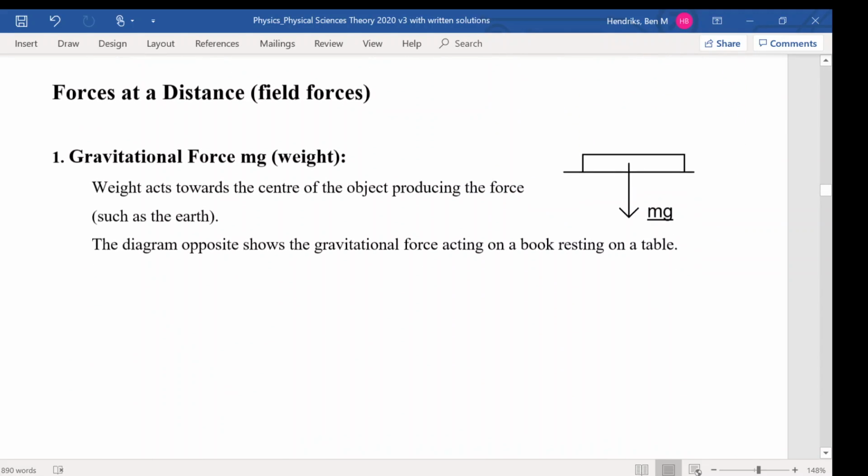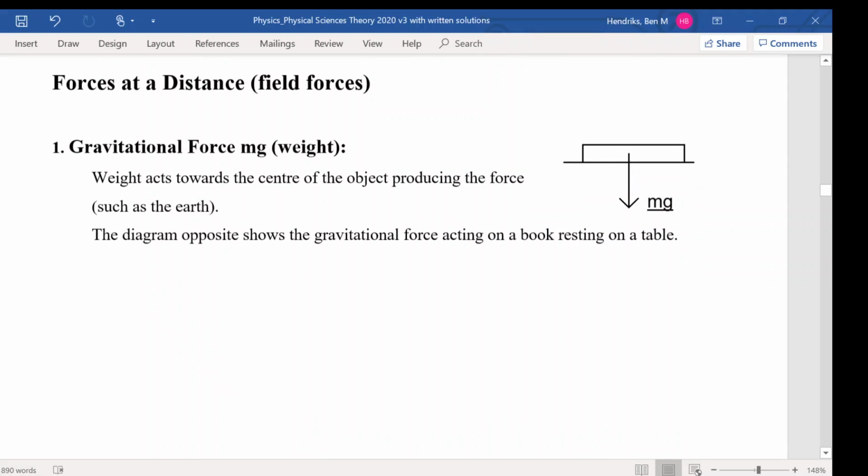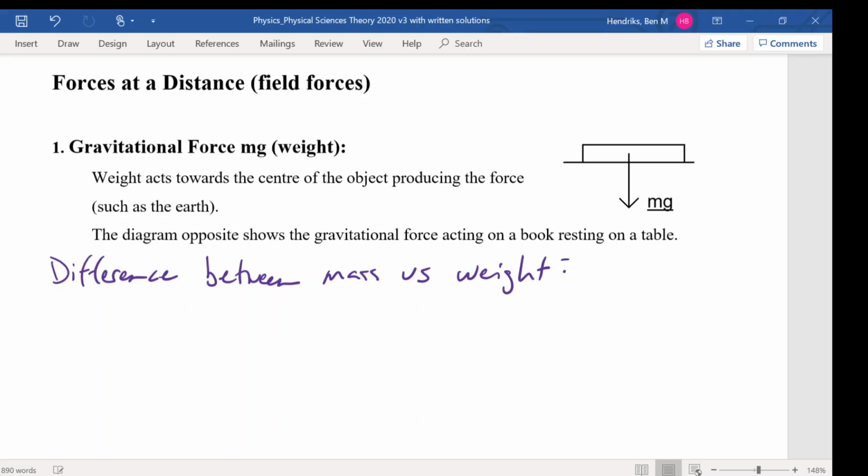Okay, so the other concept that I wanted to focus on today is really the difference between mass versus weight. So if you look here, we say gravitational force is equal to mass times gravity, and we call that the weight force.